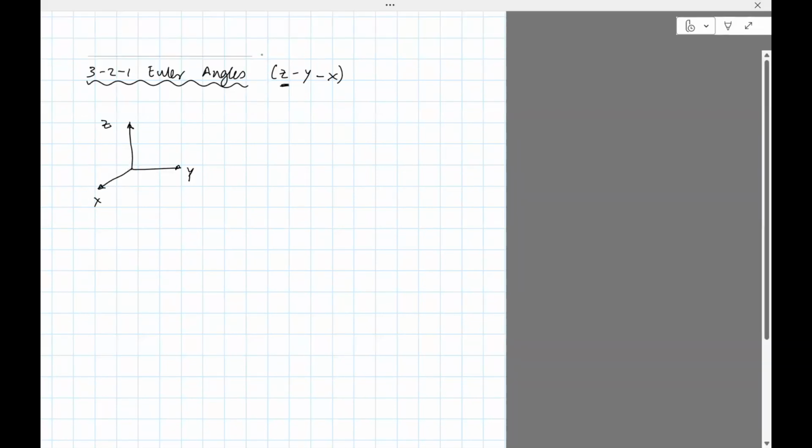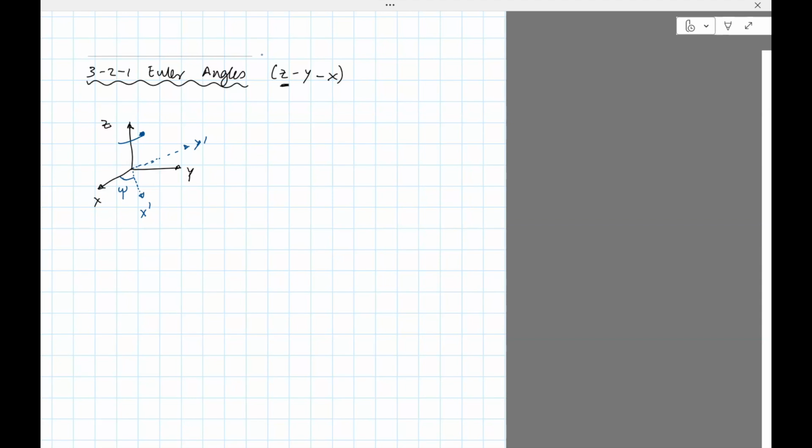So again, point your thumb in the direction of the z-axis and use the curled fingers to figure out how much is the rotation. So here the z-axis would be unaffected, but it would turn by some angle in the xy plane. So this would be a new x, this would be new y, and your psi is this angle.